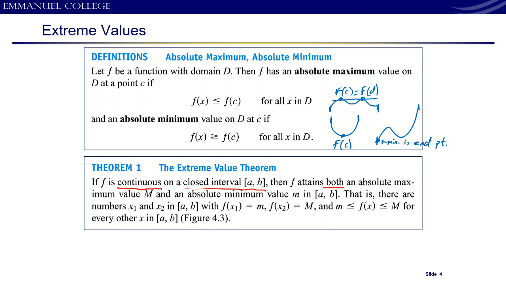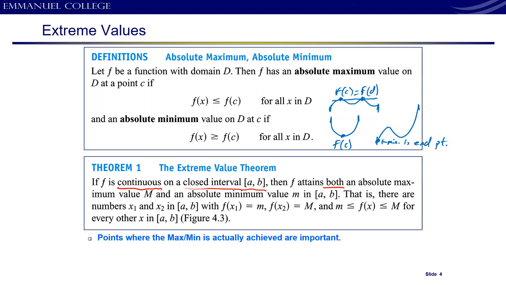Figure 4.3 is in the book. So these points where the maximum and minimum occur, or where the maximum is achieved, are very important. Because, like I said, maybe it's profits, maybe it's a function that models the strain on an engine.